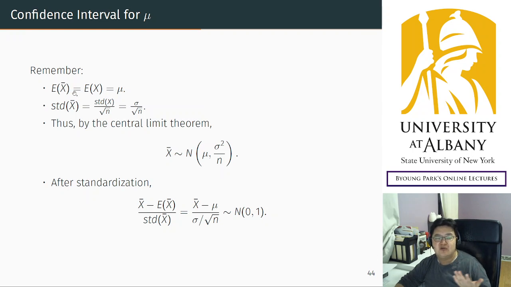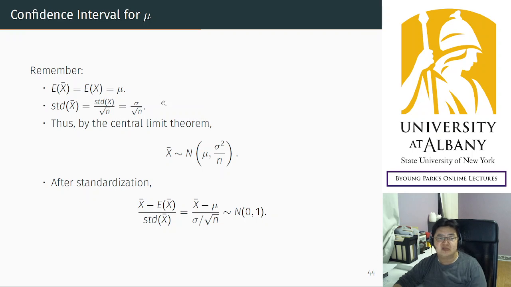We have to know the sampling distribution of x bar. And we learned the expected value of the sample average is the true population mean, which is actually the parameter we are estimating. And the standard deviation of the sample average is sigma, the population standard deviation for a single outcome, divided by the square root of n, right?